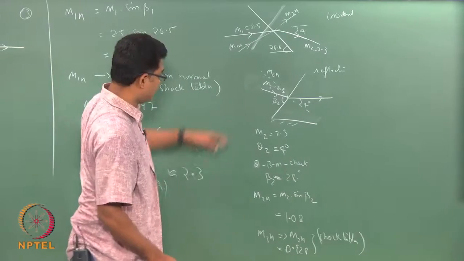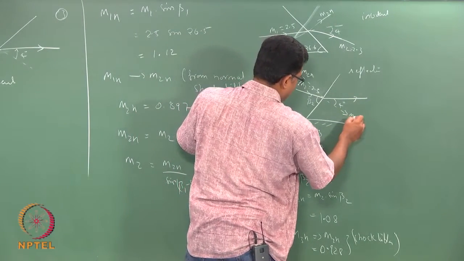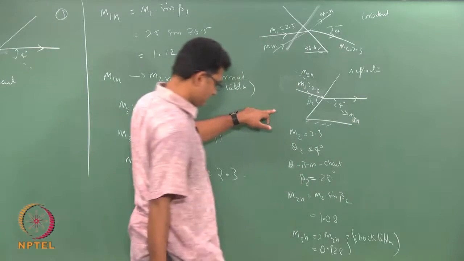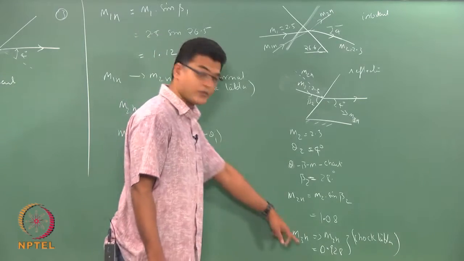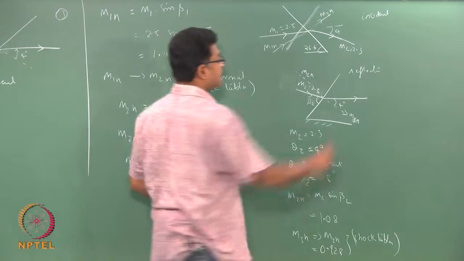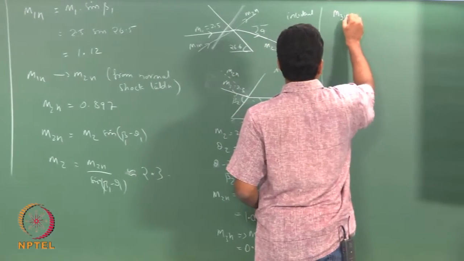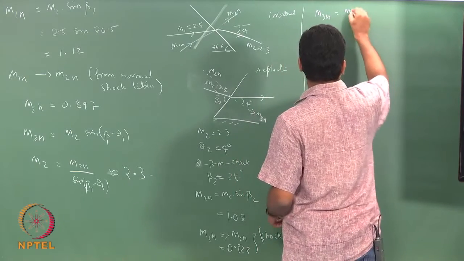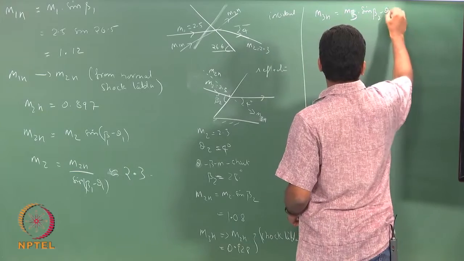Okay. So, now I have M3n, which is 0.928. If I have M3n, M3 is M3n divided by sin of beta 2 minus theta 2.